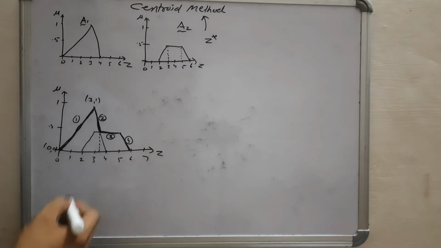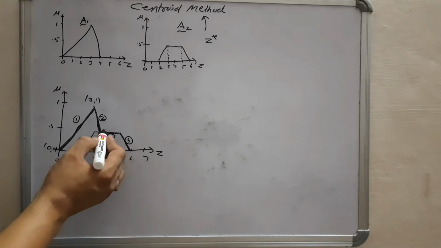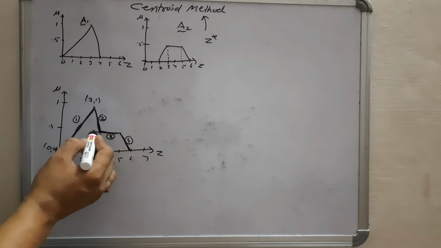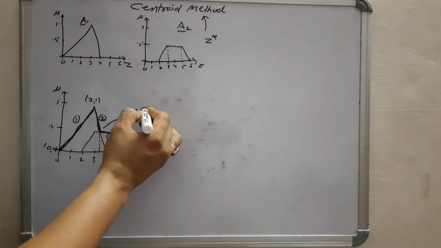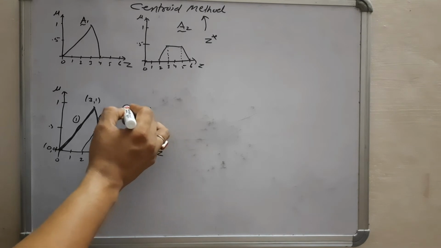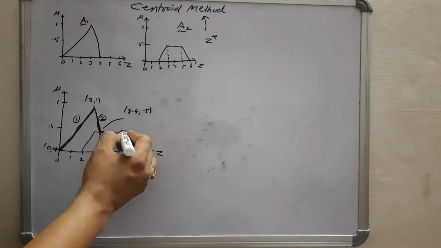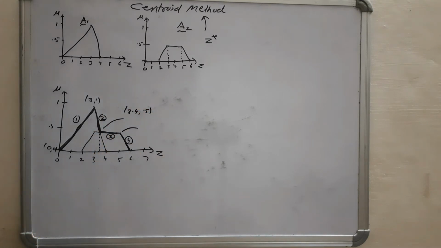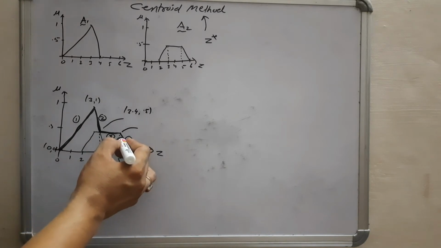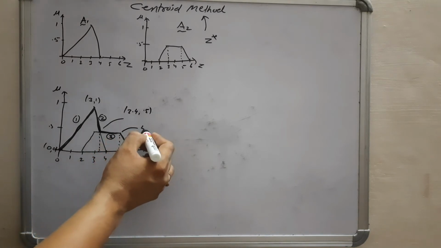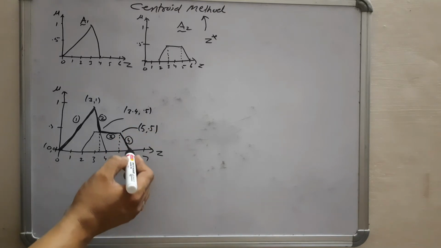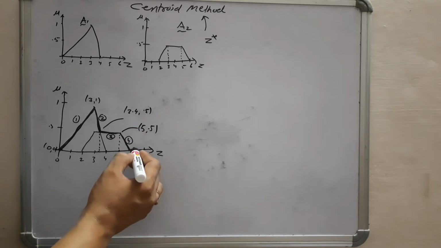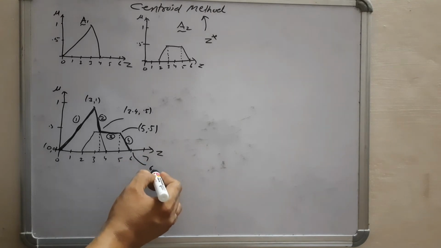It comes out as 3.4. So the coordinates of this point are 3.4, 0.5, and of this point, it is 5 here, so it's 5, 0.5, and the coordinates of this one are 6, 0.